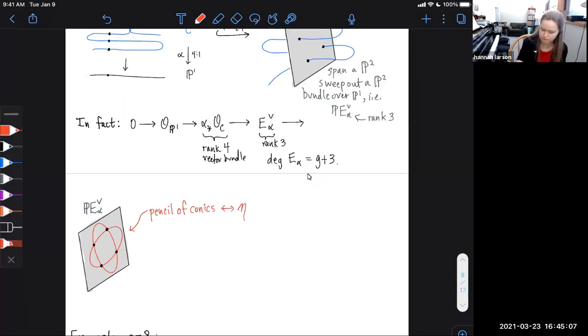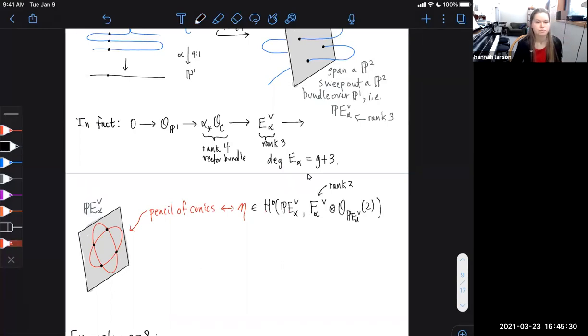And that's the same as the data of a section eta of H^0 of some rank 2 vector bundle tensor the relative O(2).